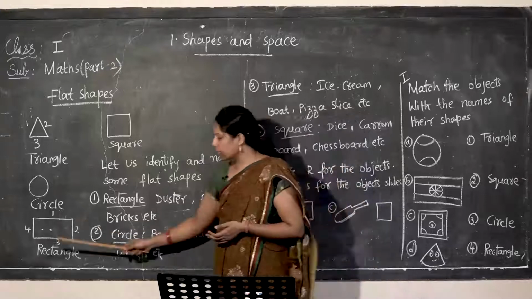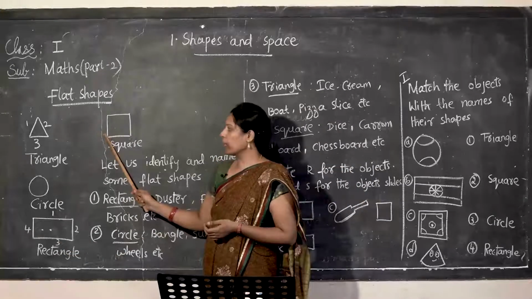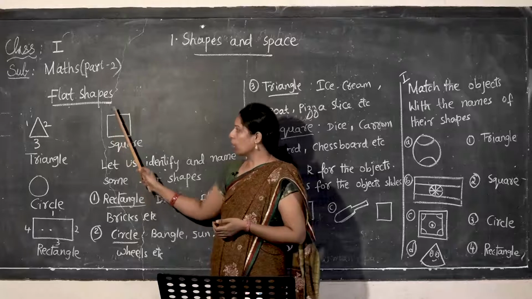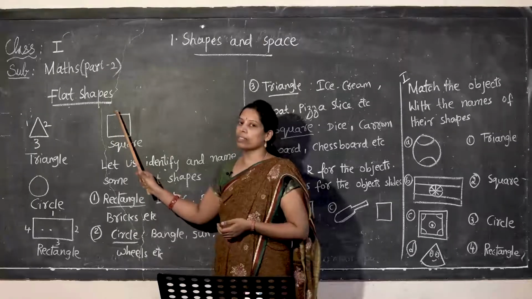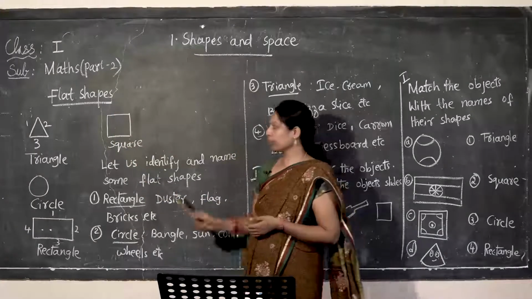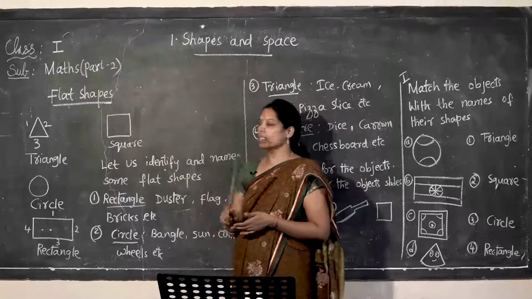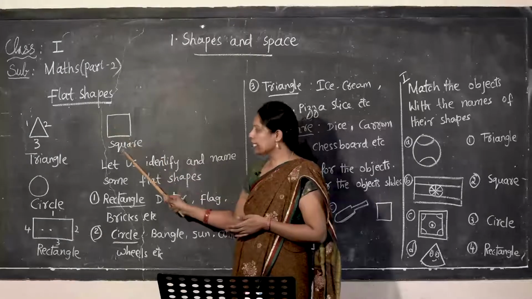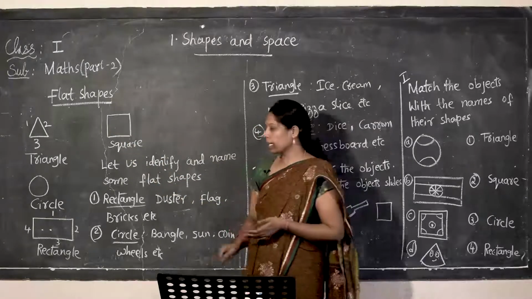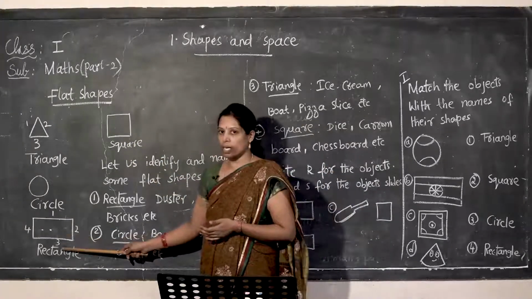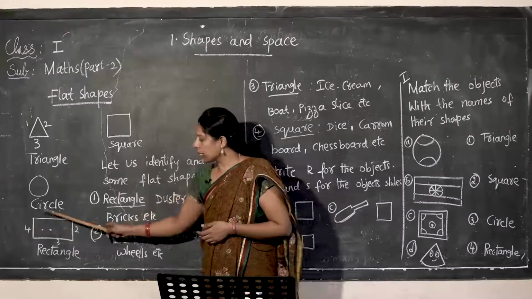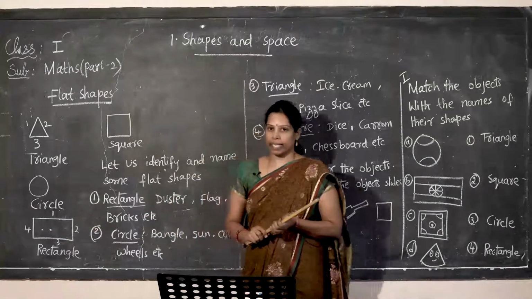The main difference is that in the square, all 4 sides are equal. But coming to the rectangle, it also has 4 sides, but only the opposite sides are equal.